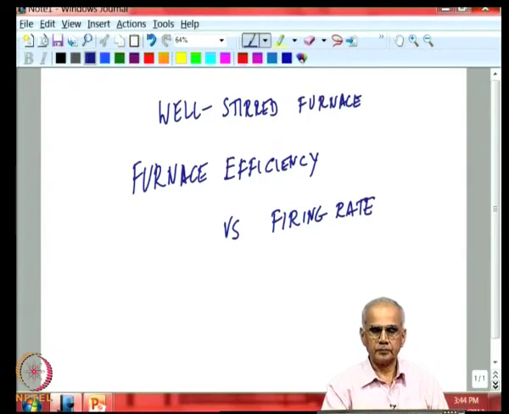And we saw that as the firing rate increases, the furnace efficiency decreases.